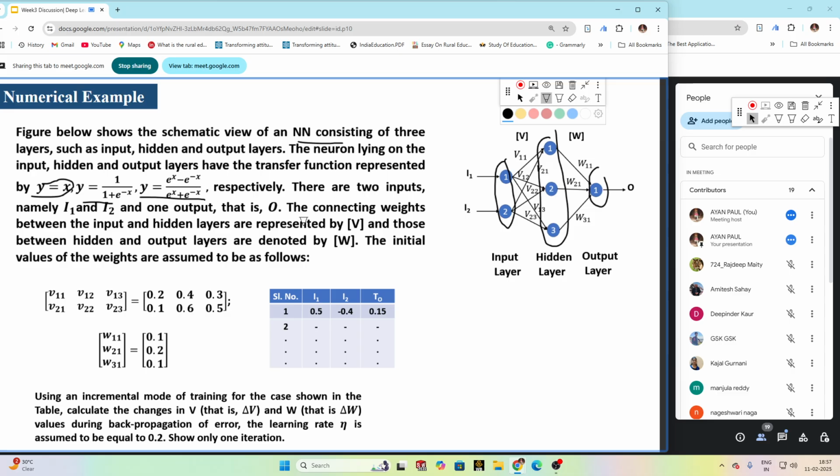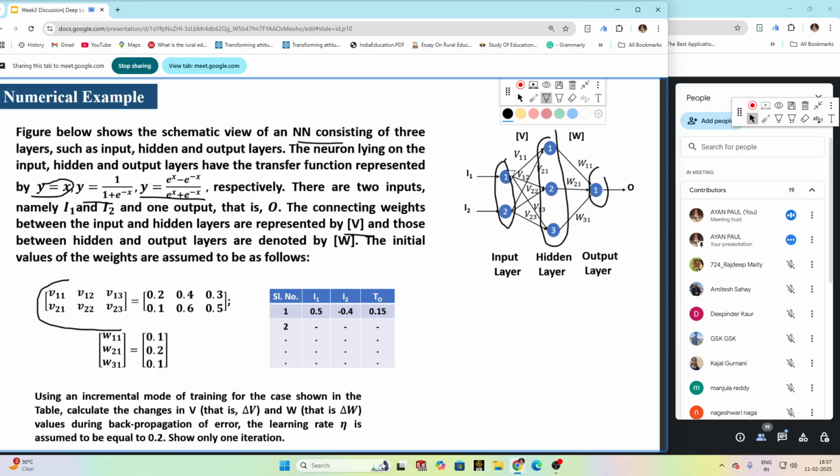There are two inputs, namely I1 and I2, and one output. This O is the output. The connecting weights between the input and the hidden layer are given by the V matrix, and those between the hidden and output layers are given by the W matrix. The initial values of the weights are assumed to be as shown.